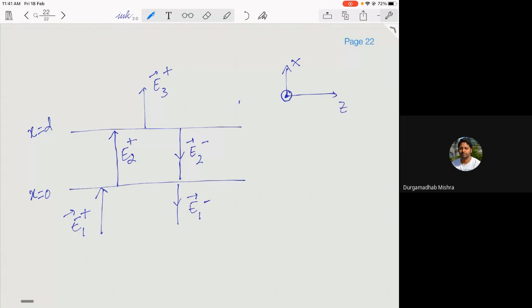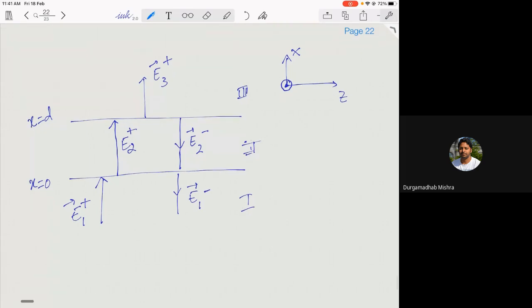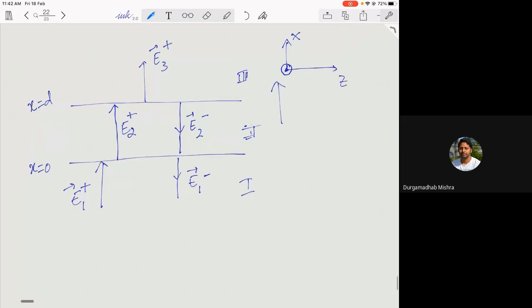This is medium 3, this is medium 2, sorry, this is medium 2, and this is medium 1. The light is coming from this side, so this is the positive x direction. Now x is 0 at this surface and x is equal to d at this surface, so the thickness is d.